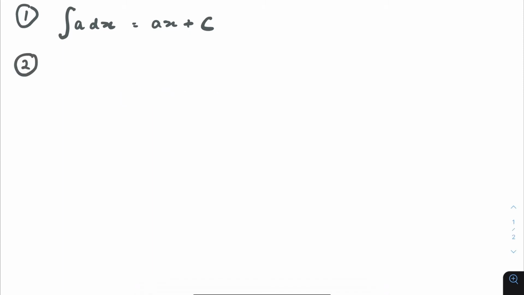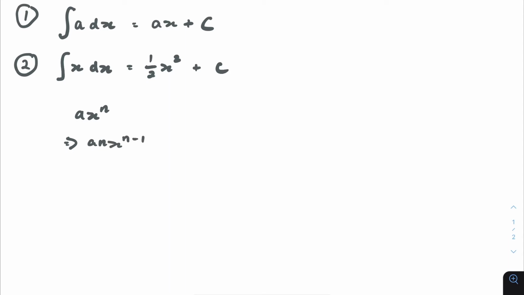All right, let's move on to the second rule you need to know. So let's say you're integrating x. That would become, plus c. Don't forget the plus c. The reason for this is because in the power rule, if you have ax to the power of n, when differentiating it becomes an times x to the power of n minus 1.